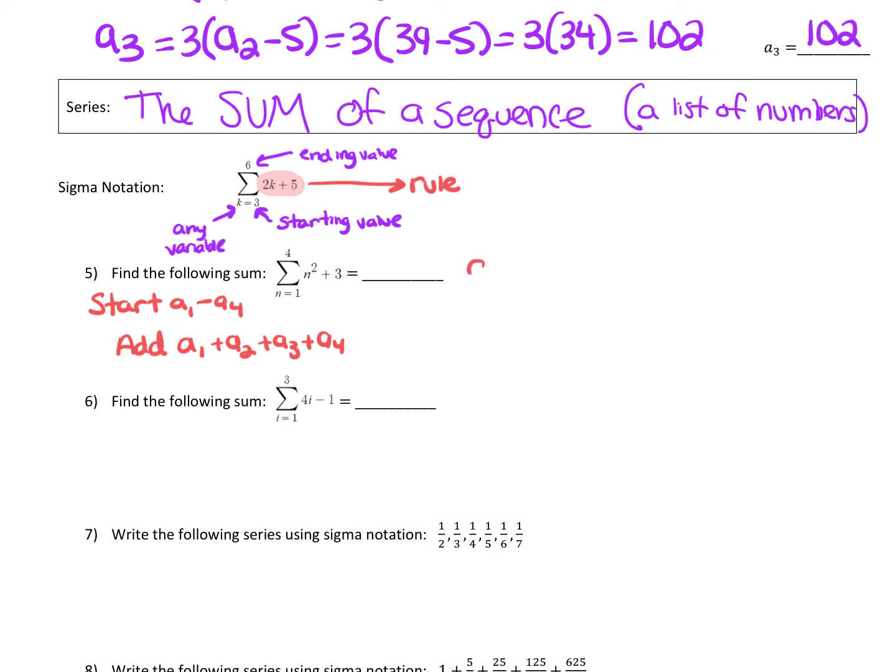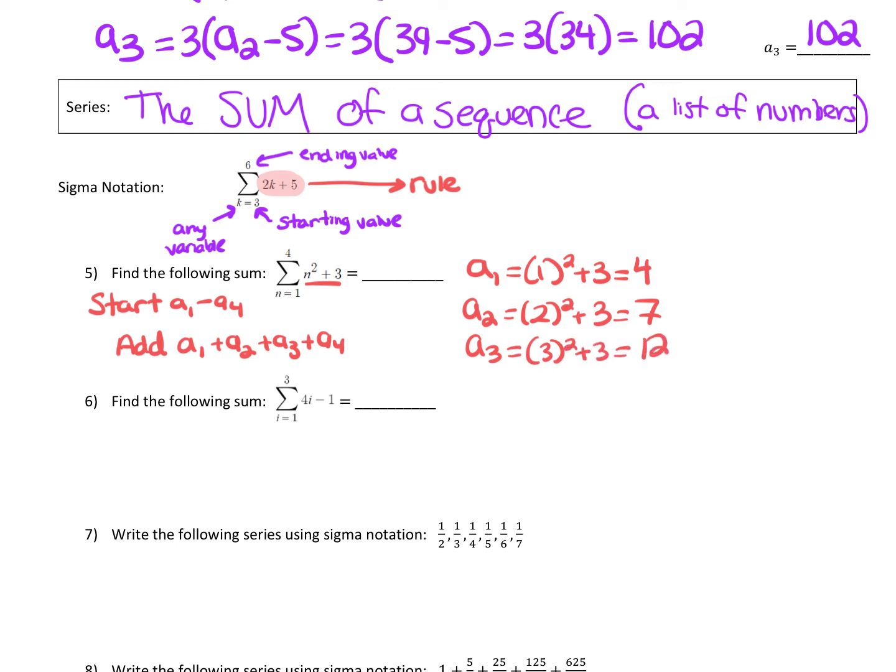So we're going to find A1, and that's 1 squared plus 3, because now we're going back to an explicit formula. So that's going to be 4. A2 is 2 squared plus 3, which is going to be 7. A3 is going to be 3 squared plus 3, which is going to be 12.